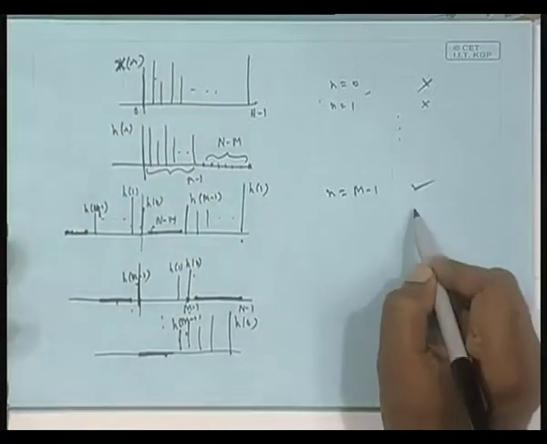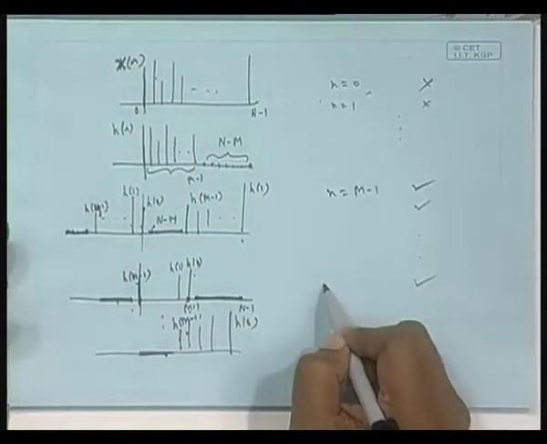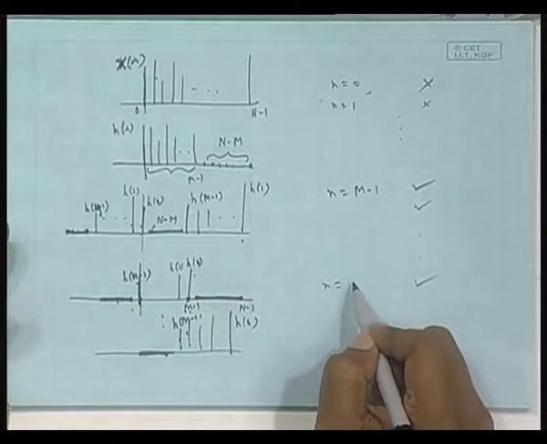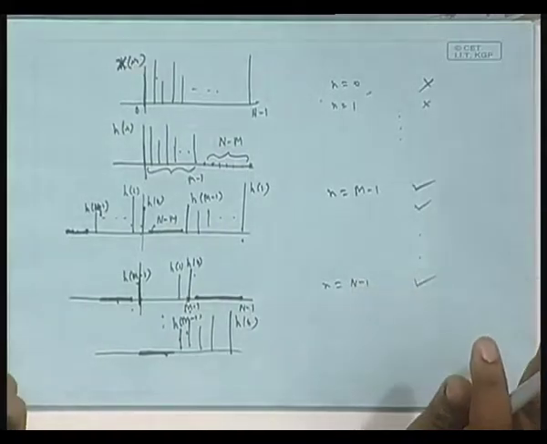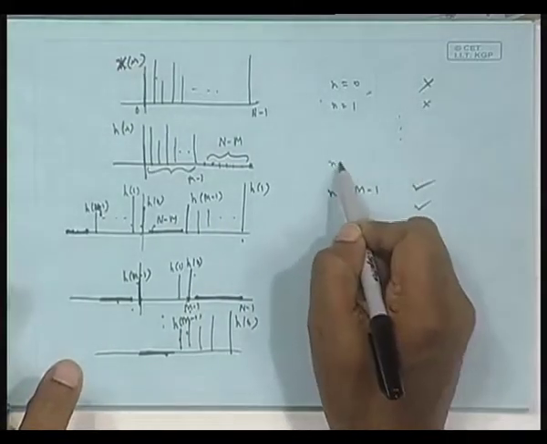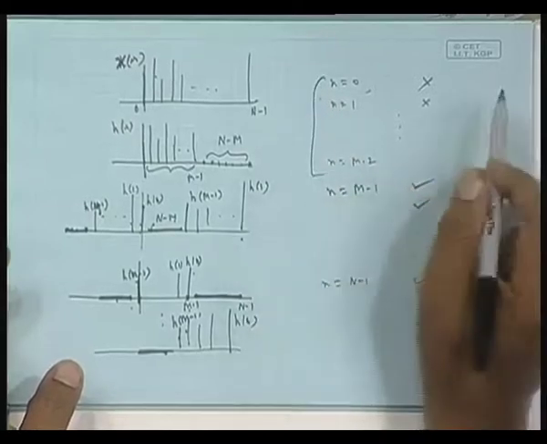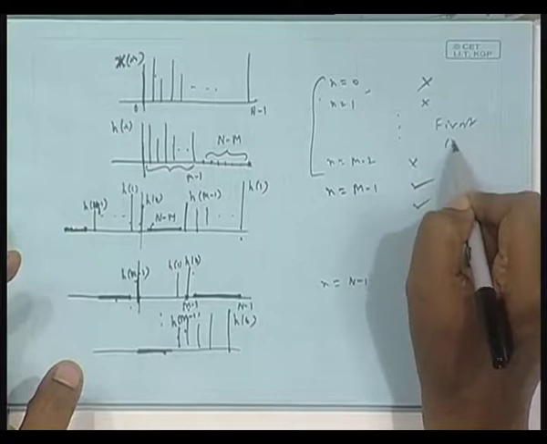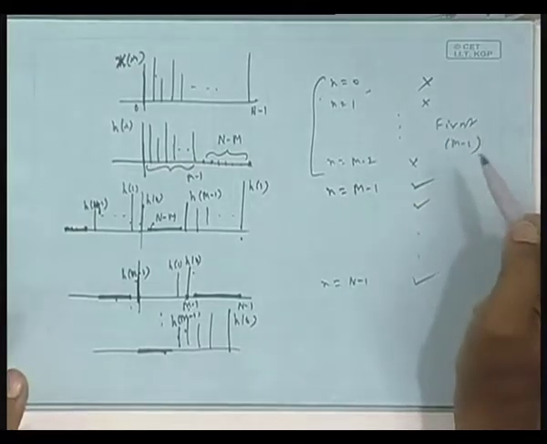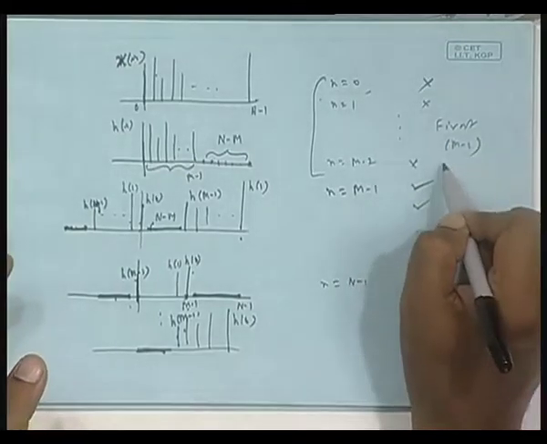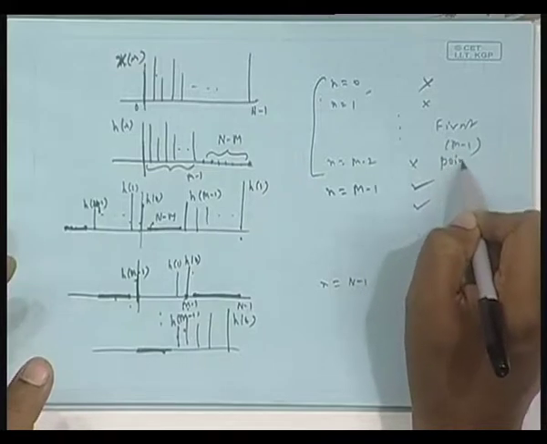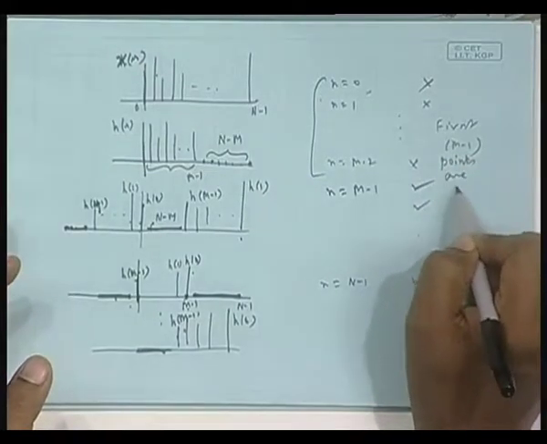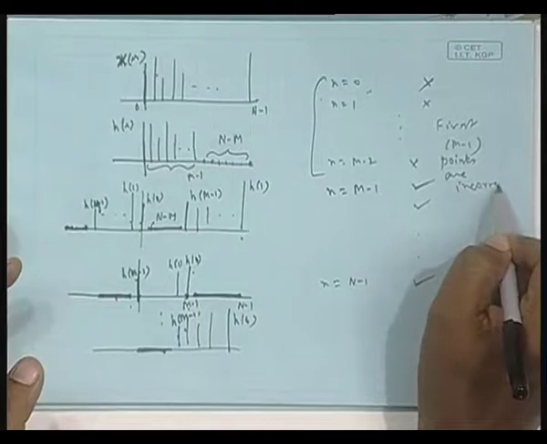So, from this point onwards till the end, till the last point n equal to n minus 1, I have got the correct result. So, how many? For n equal to n minus 2, that means first m minus 1 points are incorrect. Okay.